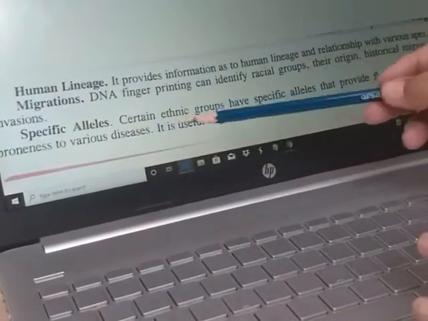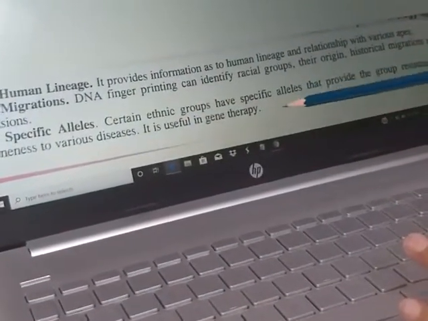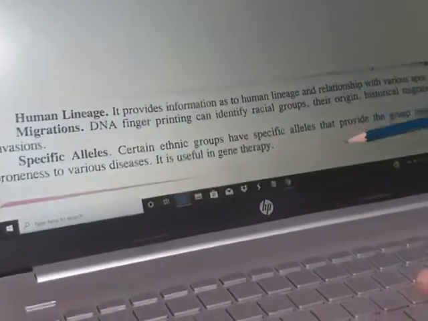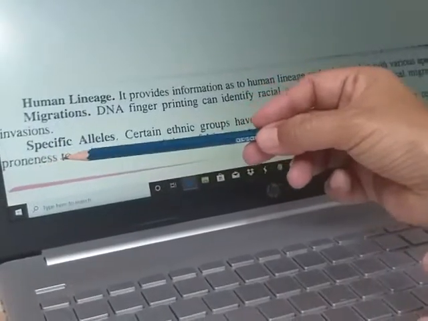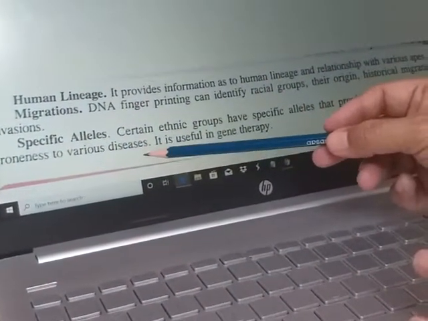Specific alleles. Certain ethnic groups have specific alleles that provide the group resistance or proneness to various diseases.